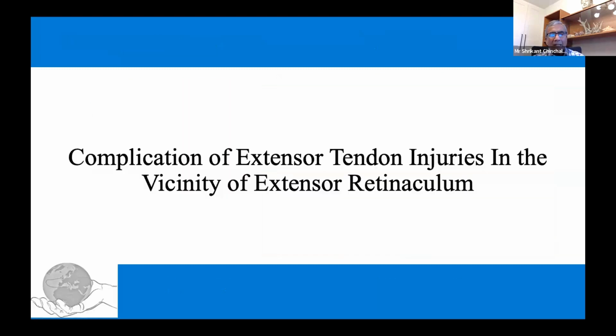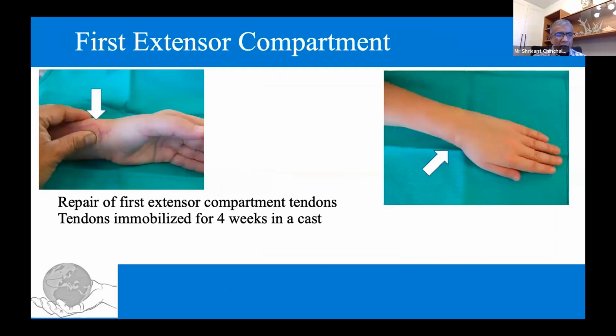So we looked at the complications in the vicinity of the extensor retinaculum. We identified that injuries in the vicinity of the extensor retinaculum definitely produce massive or severe limitation. So this is a patient who had a repair of first extensor compartment tendons.